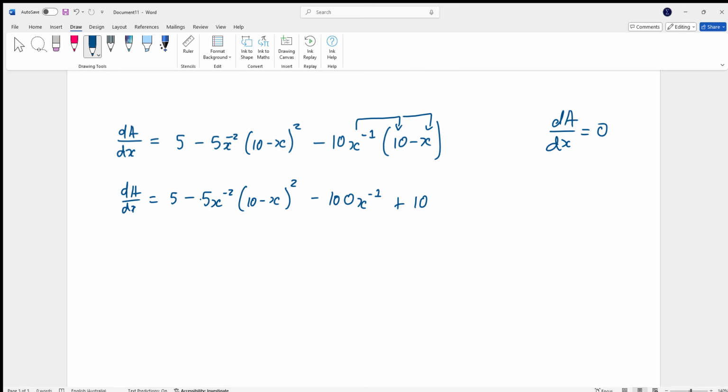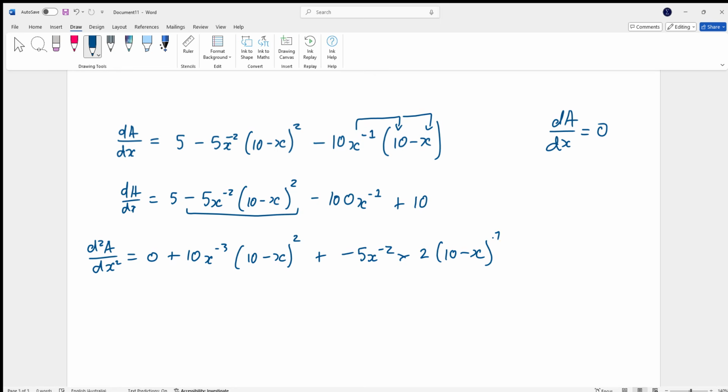Alright, now, we should probably differentiate this now. So the second derivative, the 5 turns into 0. Now we're going to use product rule here. So I'll differentiate the first bit here. So it's going to be positive 10x to the negative 3, 10 minus x squared, plus negative 5x to the negative 2 times by 2, 10 minus x to the power of 1.